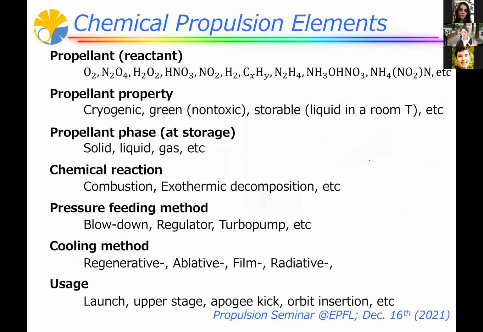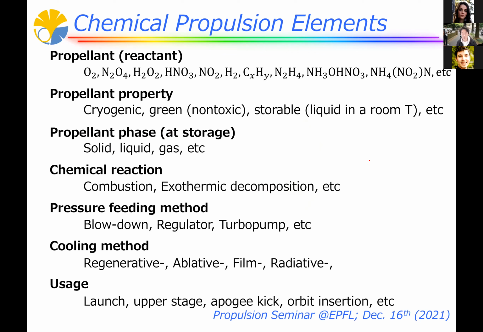This chemical propulsion system includes a lot of elements. For example, what kind of propellant do we use? Oxygen, nitrogen, hydrogen, a lot of candidates exist. And also the properties of these propellants: cryogenic, or storable at room temperature, or toxic, or green.